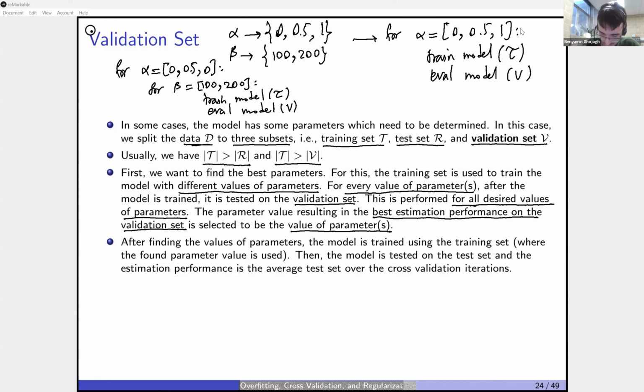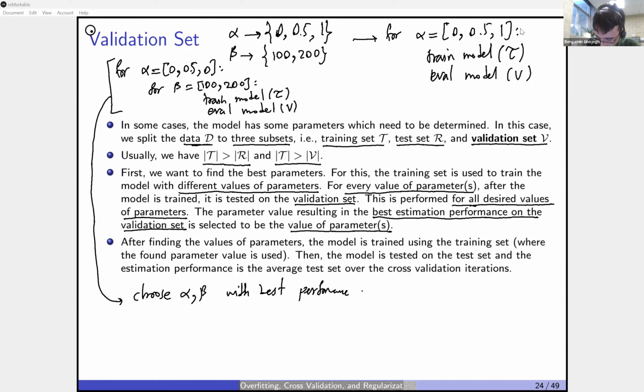Then, assume you do this and choose alpha and beta with the best performance on validation. What do you do? Assume this gives us alpha best and beta best.